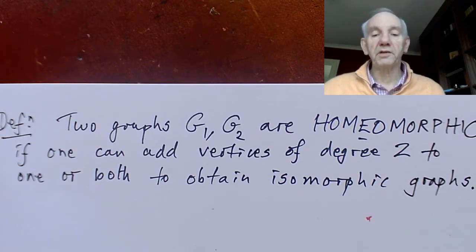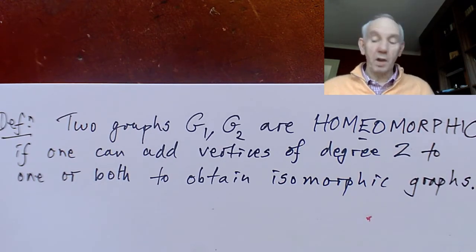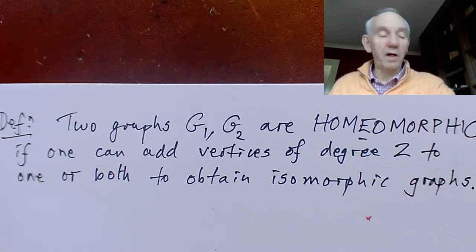But basically we're saying that 2 graphs are homeomorphic if they only differ by vertices of degree 2. Again, a simple example will illustrate this.